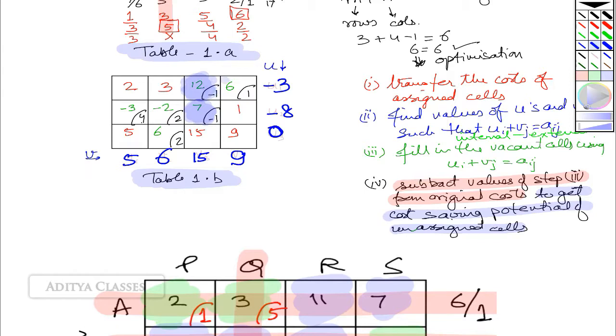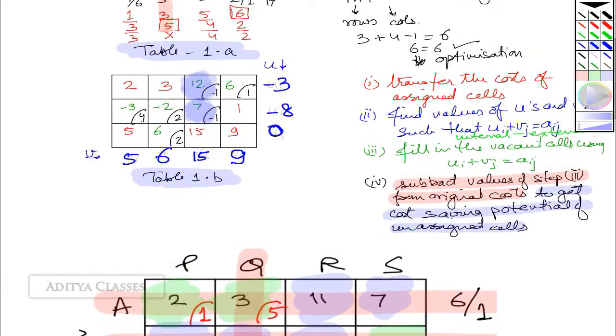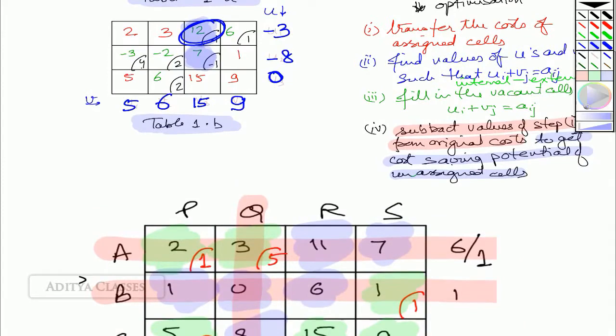This cell can reduce my cost by 1 rupee. This cell can reduce my cost by 1 rupee. How do I approach them? In order to approach them, what I need to do is, one second, this is the cell. Which is this cell? This one.